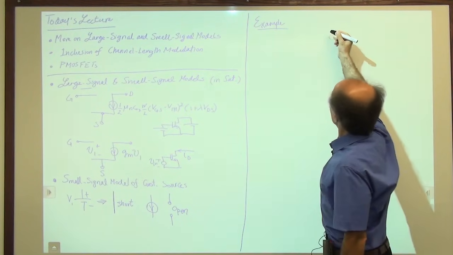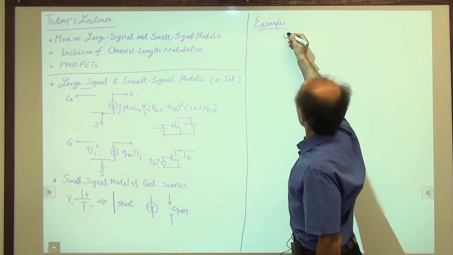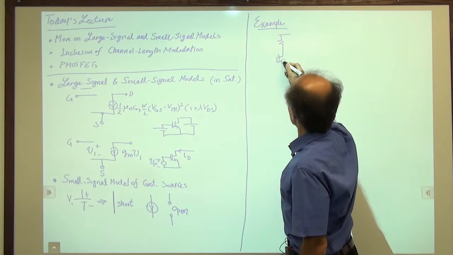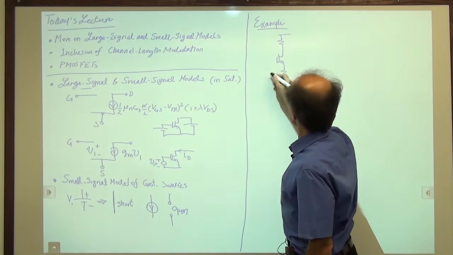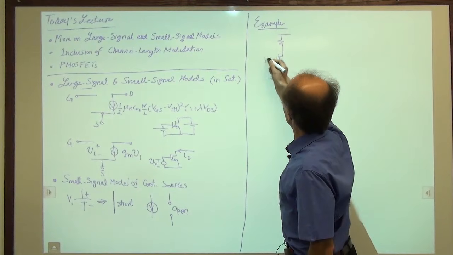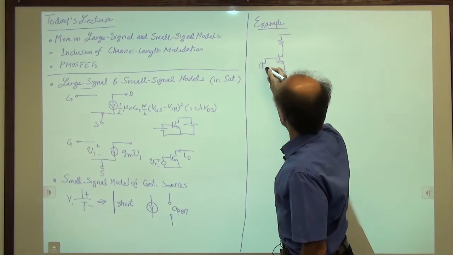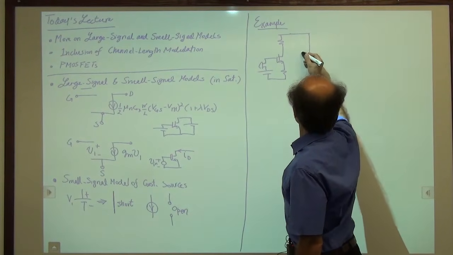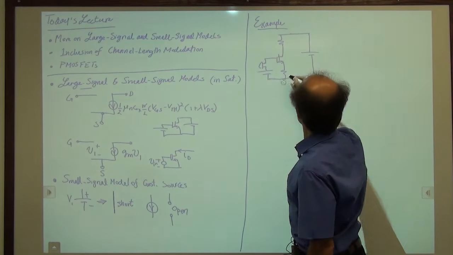Okay, suppose we want to draw the small signal model of this circuit here. Now, we don't know what the circuit does, and that's okay. We're not interested at this point. But we have a microphone, a battery, and then another battery up here. Remember, we talked about these before.